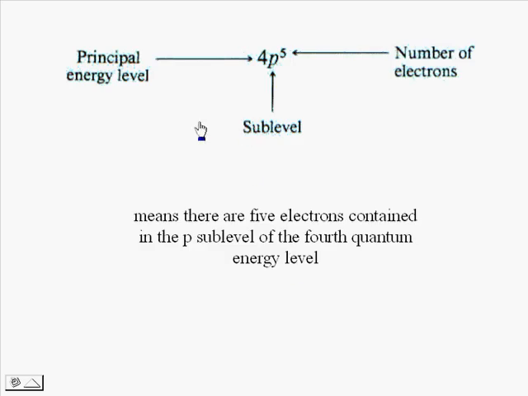Every time you write an electron configuration, every sublevel has a quantum number in front of it. So this is the 4th energy level, p-shaped sublevel. The superscript represents how many electrons are in there. So in the 4th energy level, p-shaped sublevel, there are 5 electrons.